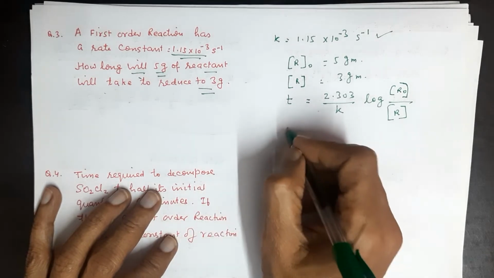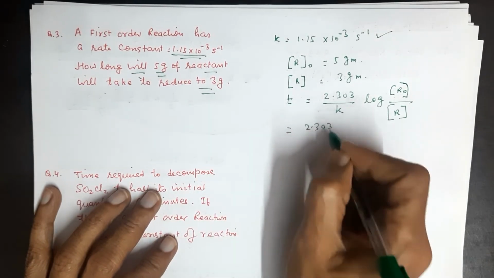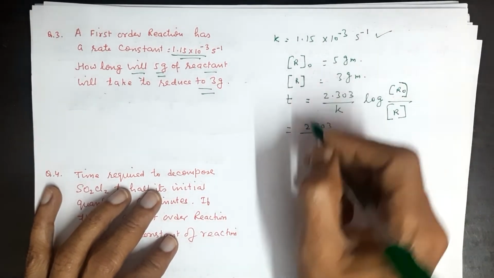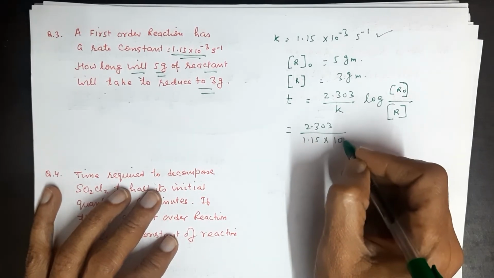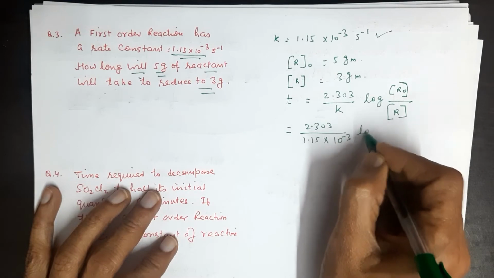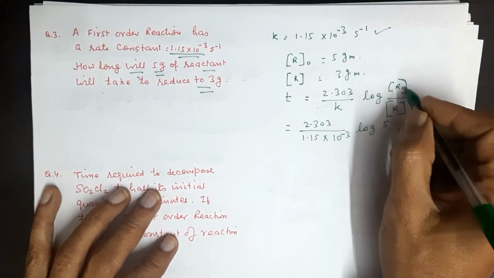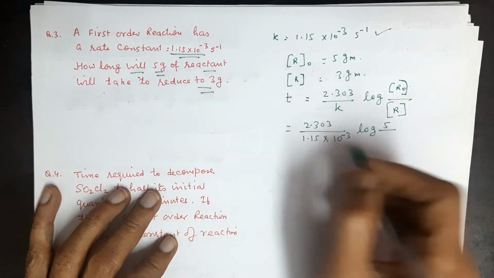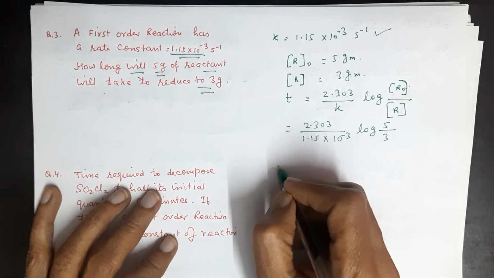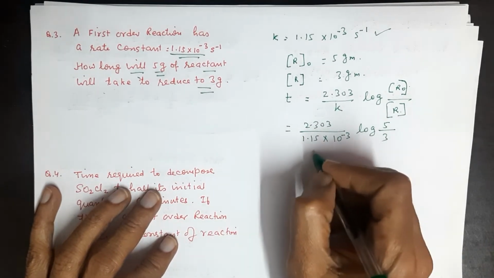So this becomes 2.303 over 1.15 into 10 raised to the power minus 3, log of R naught is 5 gram and this is 3 gram, 5 by 3.